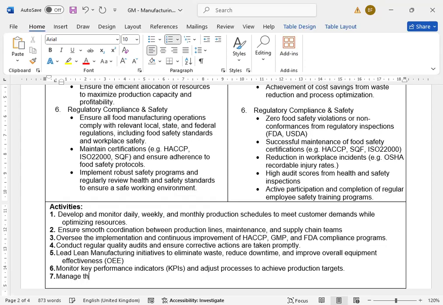Then next, manage the manufacturing budget.